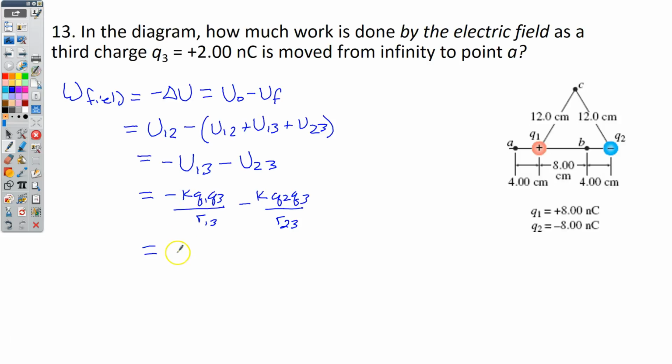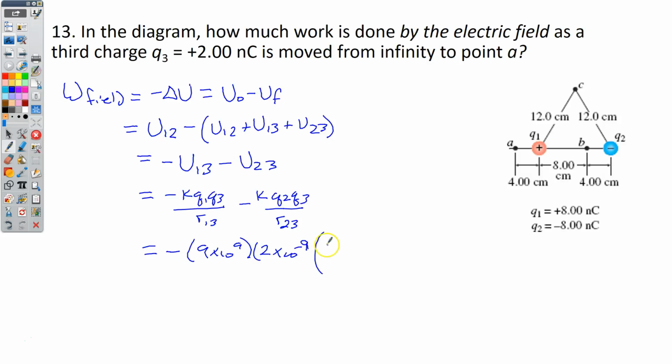We can factor out a k, and let's factor out the negative too. So negative, and then we have 9 times 10 to the 9th, multiplied by 2 times 10 to the negative 9th. So that's our charge in question.